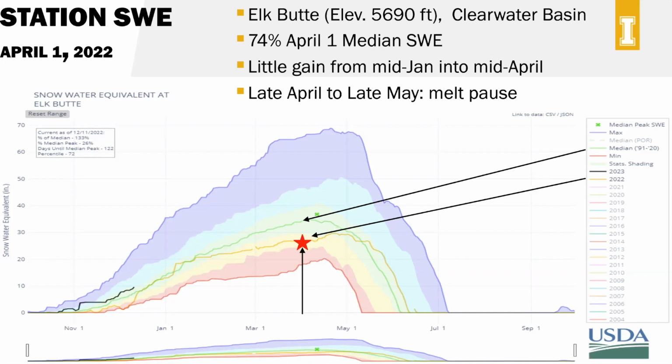The green line that this arrow points to represents the median value for each day over a 30-year period from 1991 through 2020. And so it represents kind of a middle of the road value of snowpack for the year.